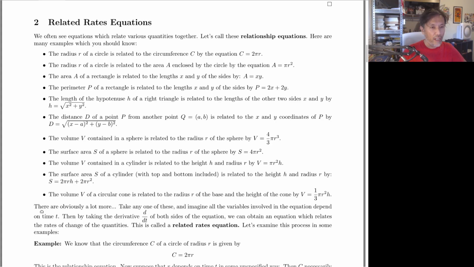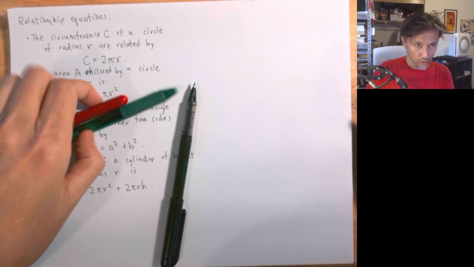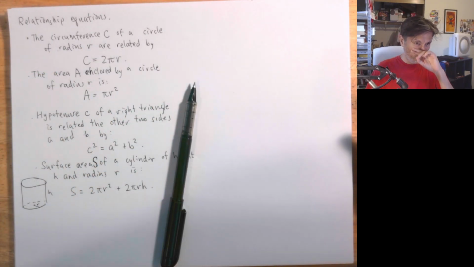And you have the scheme here for how we're going to get at this relationship between rates of change. That's what we're going to call the related rates equation for a particular problem. Instead of talking about it, let's go and start actually doing it.